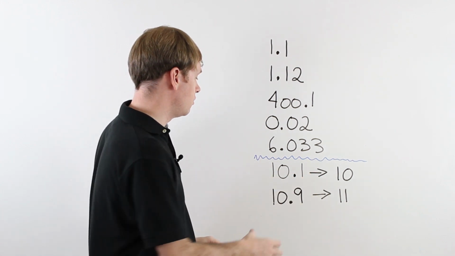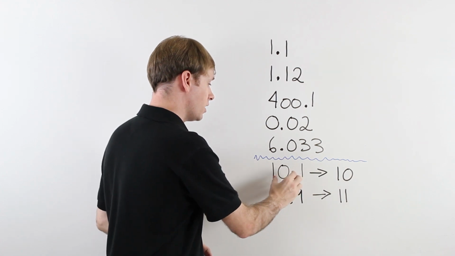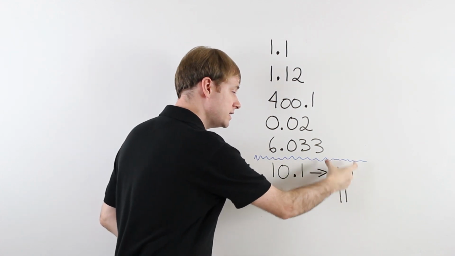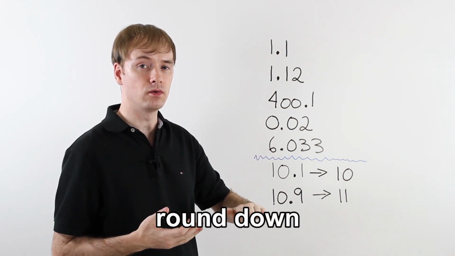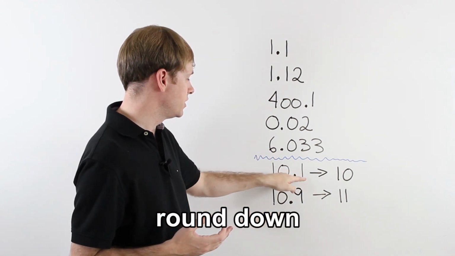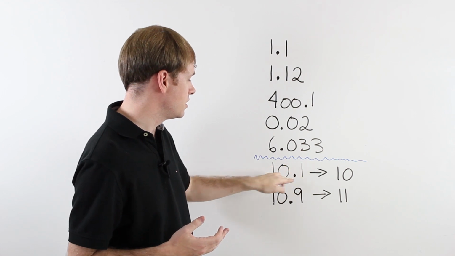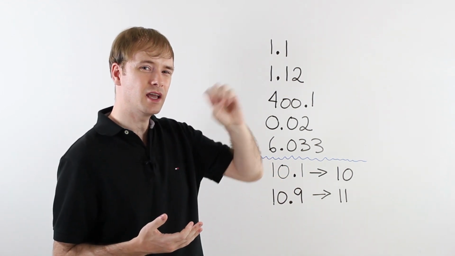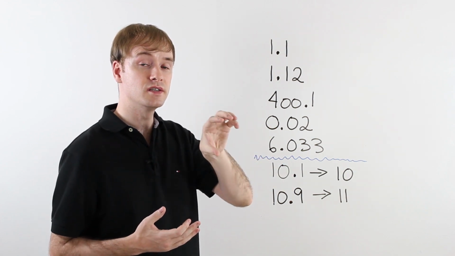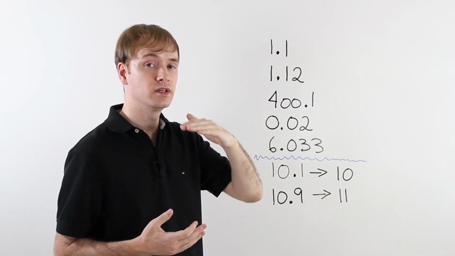If we change 10.1 to only 10, that's called round down. So 10.1 is very close to 10. We take away the 0.1 and just have 10, round down.